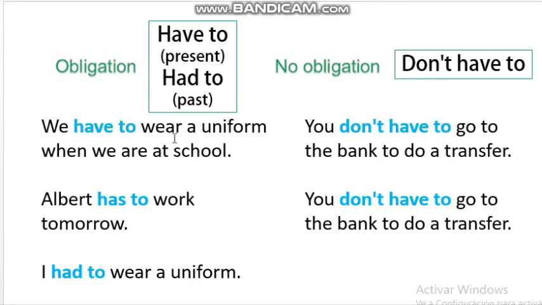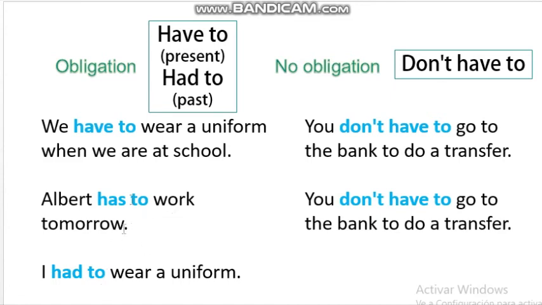We have to wear a uniform when we are at school. That means we have the obligation to wear a uniform when we go to school. Albert has to work tomorrow. Albert has the obligation to work tomorrow.